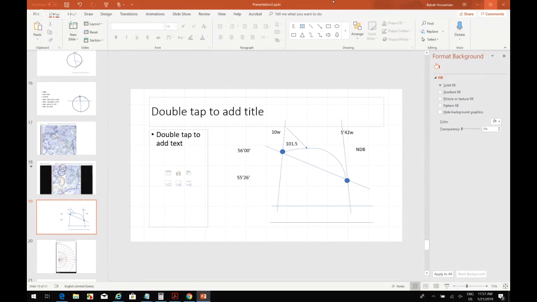So I'm going to say 55.72. Sine of 55.72 is 0.83 times 418 is 3.6 or 3.55.